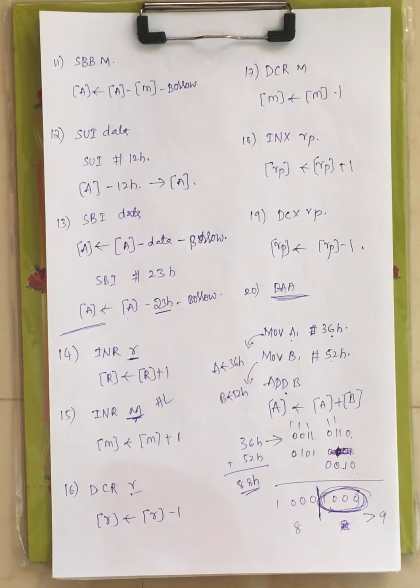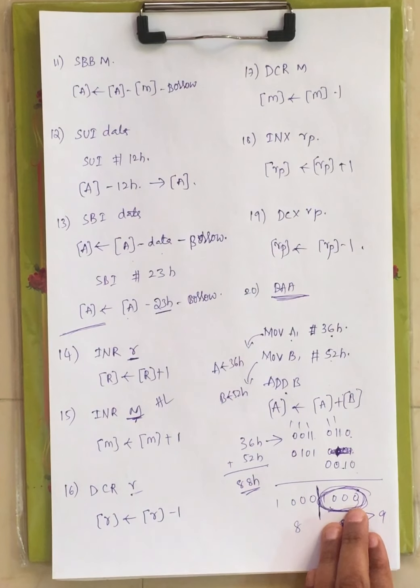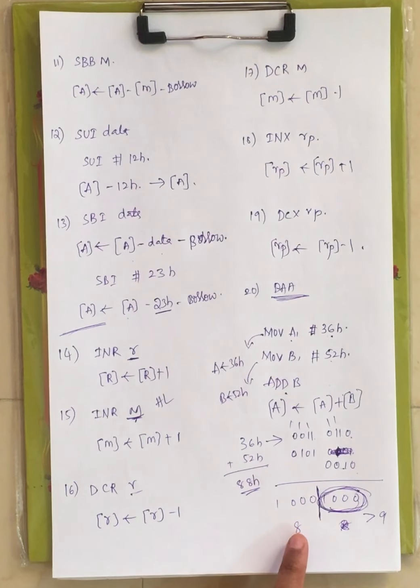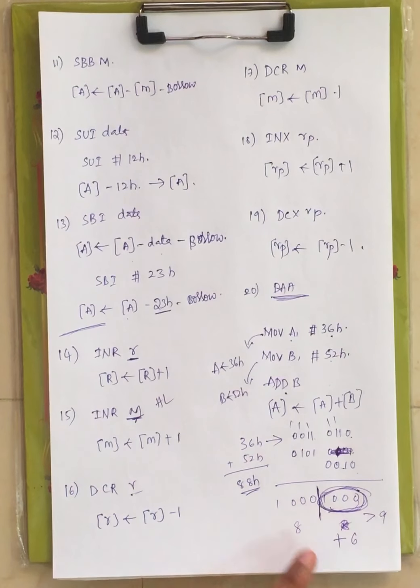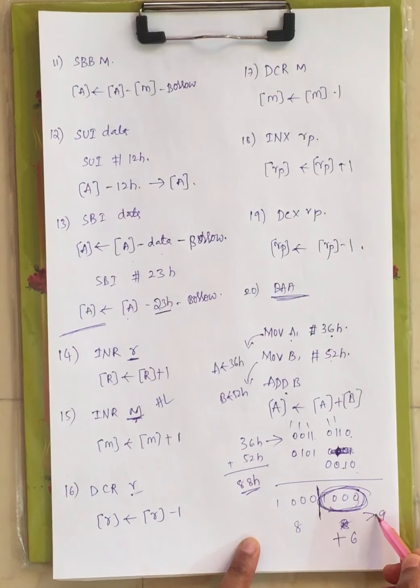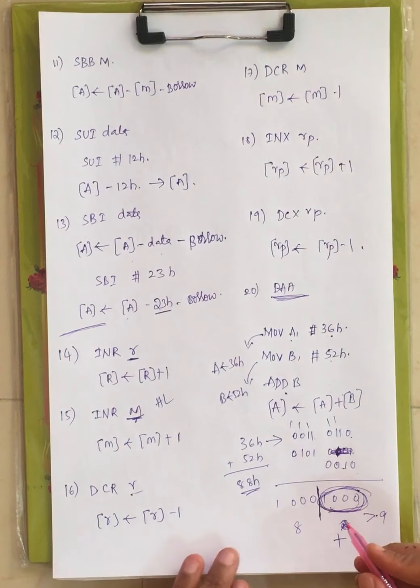Here we get 8 and 8, so the lower order bits are less than 9 and the higher order bits are also less than 9. If the lower order bits are greater than 9, then plus 6 is added. Plus 6 is added not only for lower order bits, but also for higher order bits.